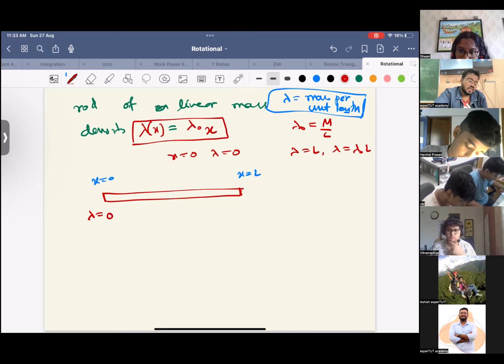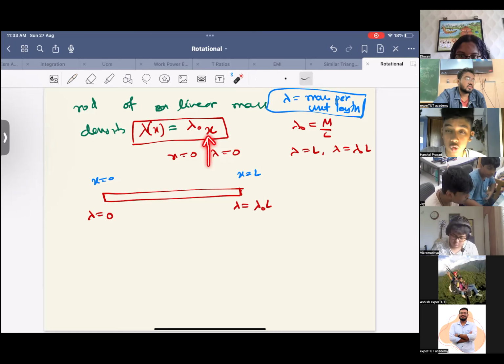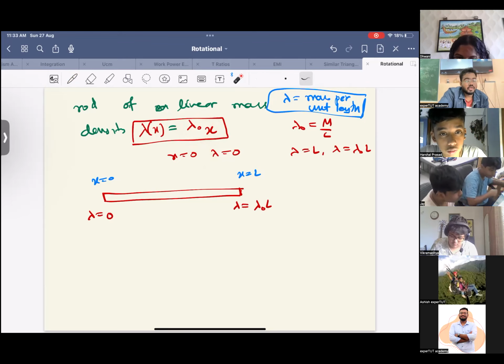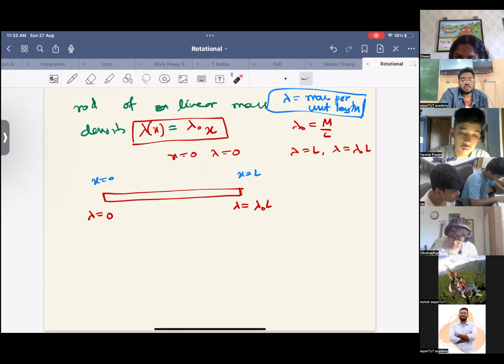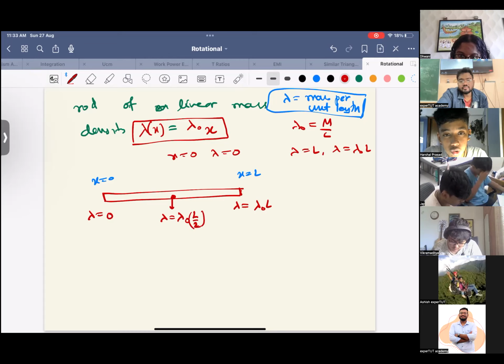At x equal to L, lambda is lambda naught L. You just put x values here and find it. This means the rod is very light on the left side and very heavy on the right side, and the density increases as you go from left to right. At L by 2, its lambda is lambda naught into L by 2, right? Is this understood?